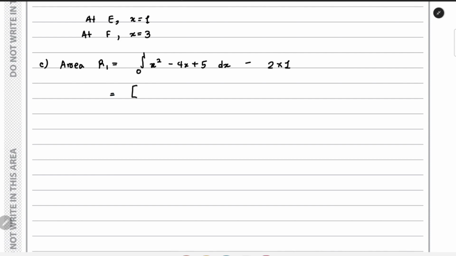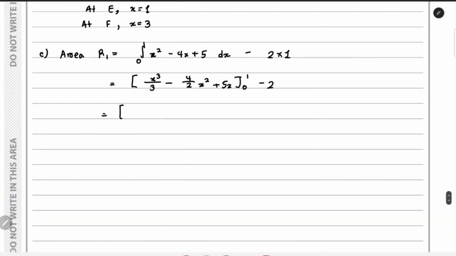Now if we integrate this, we get x cubed by 3 minus 4 by 2 x squared plus 5x from 0 to 1, minus 2. We get 1 by 3 minus 2 plus 5 minus 2. So this area comes out to be 4 by 3.